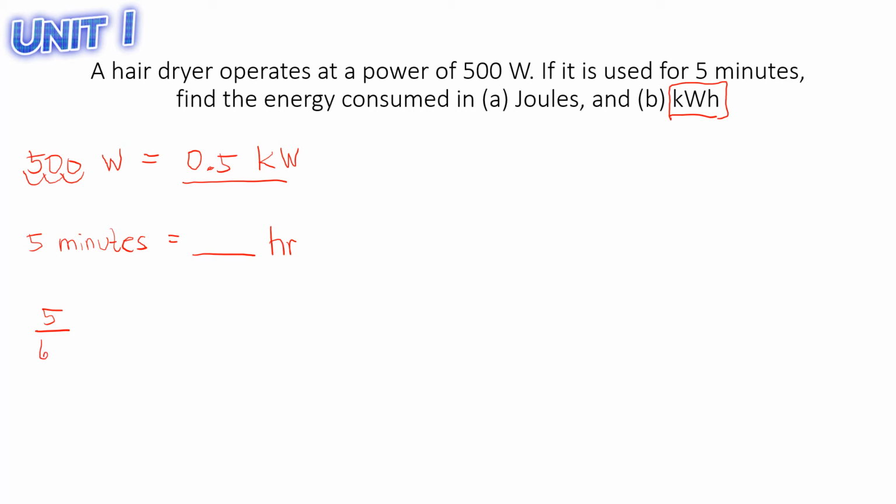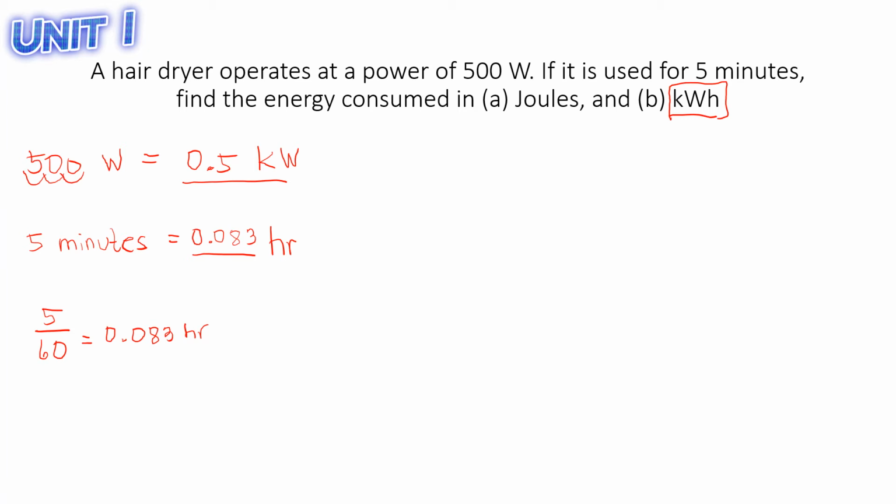You're not going to divide it by 1 hour, because 5 divided by 1 would say 5 minutes is equal to 5 hours, which is wrong. So we divide by 60, and you will get 0.083 hour. So 5 minutes is 0.083 hour.